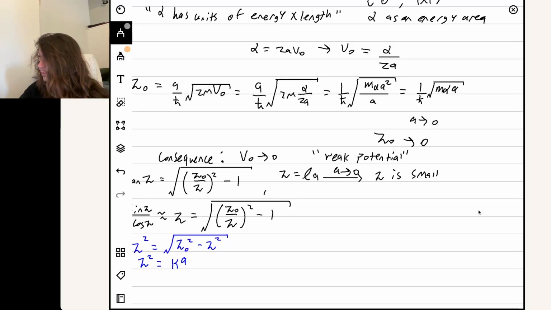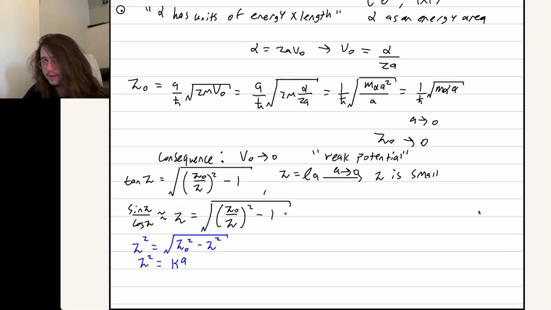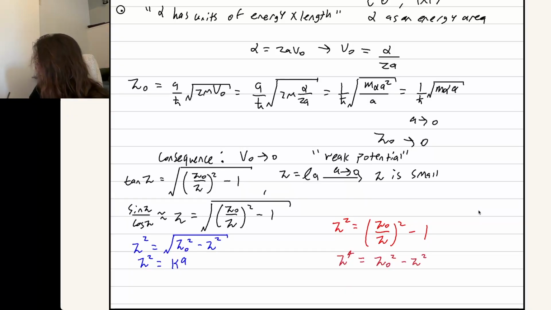The other thing we're going to do to this equation is square both sides. So we're going to say that z squared equals z naught over z all squared minus 1. Then we multiply both sides by z squared, so z to the 4th equals z naught squared minus z squared.